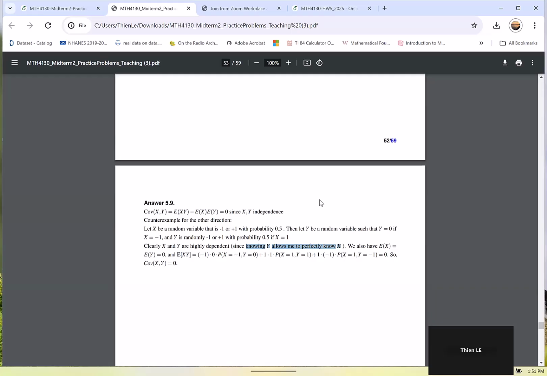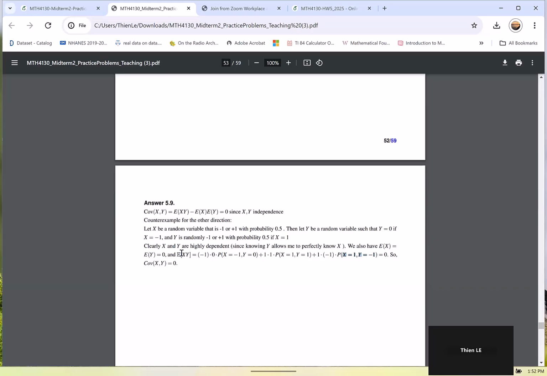Now we just calculate the covariance and see what happens. E[X] will be 0, obviously: X times P(X), summed. E[Y] is also 0, you can check it. And E[XY], it corresponds to these cases: X = -1 with Y = 0, or X = 1 with Y = 1, or X = 1 with Y = -1.